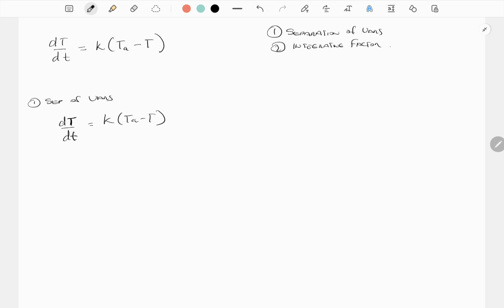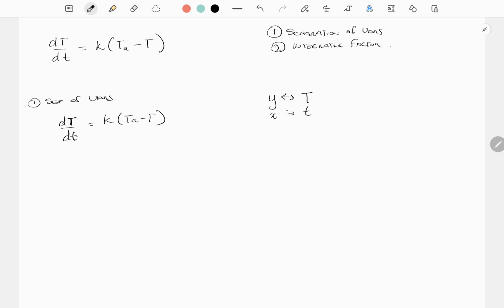So if you're used to x and y, let me map it for you. So y is going to be our temperature, T, and the x's are going to be time.